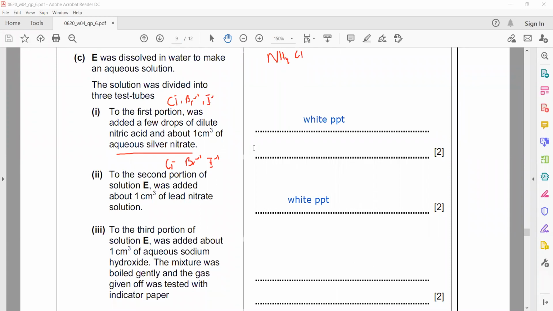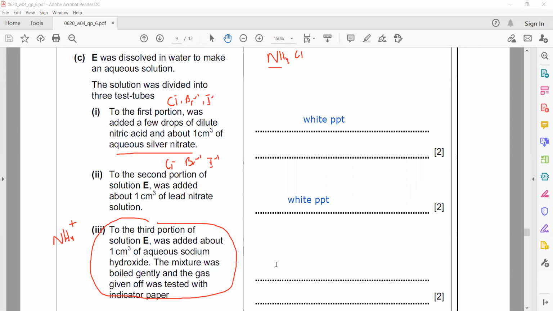To the third portion was added sodium hydroxide and the mixture was heated. When we add sodium hydroxide and heat, that is a test for ammonium ion. What is the observation when we already know there is ammonium ion?